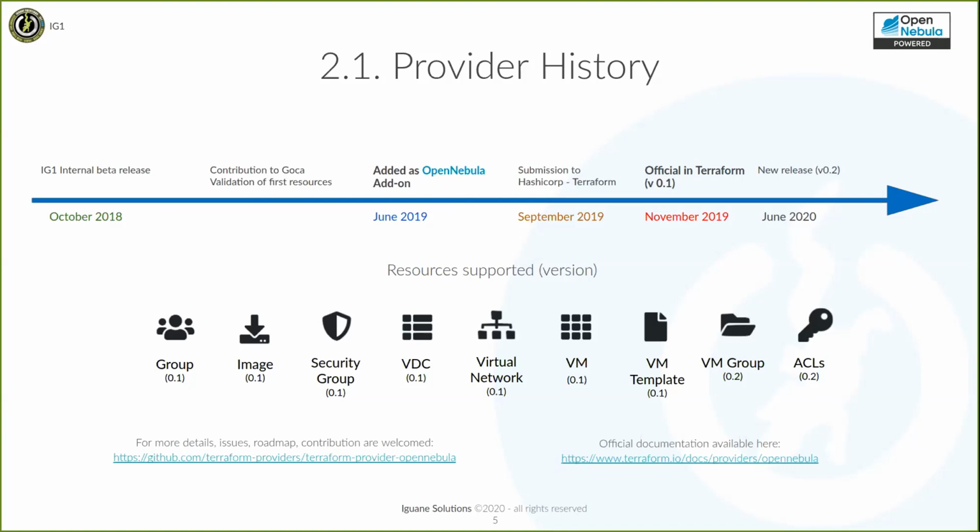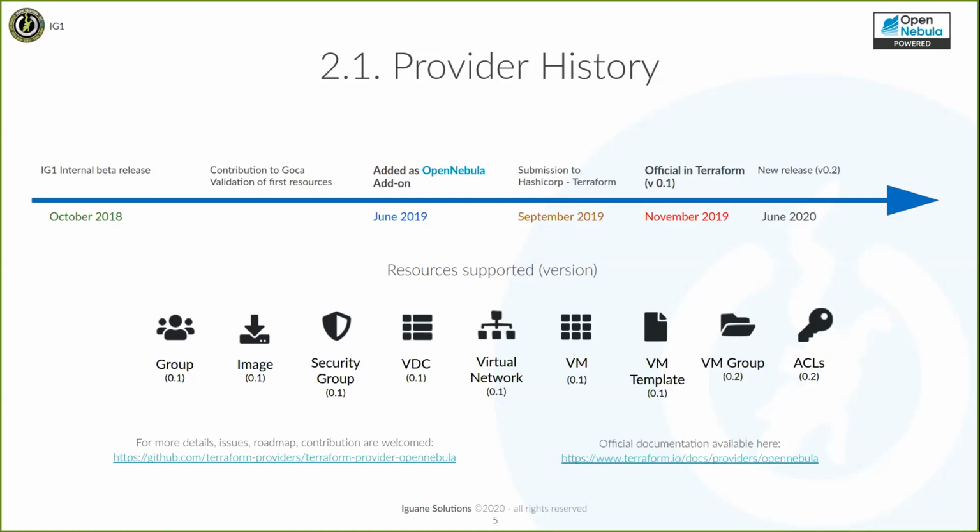So we did a lot inside it, and then we could write a good first version of the provider. This first version was added as an OpenNebula add-on in June last year. And after the summer, we submitted it to HashiCorp for review. And in November last year, it was official in Terraform.